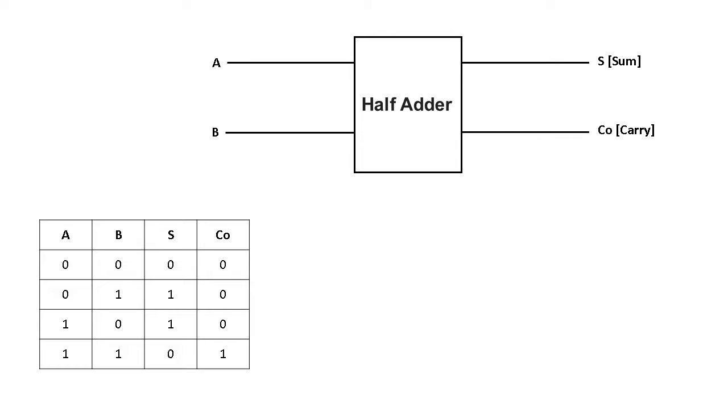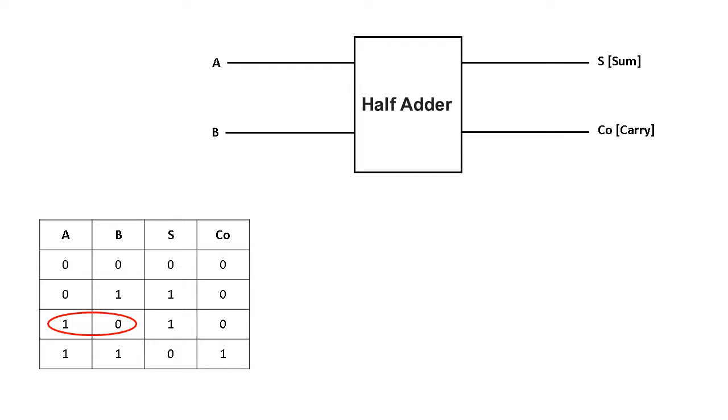So you can see if the input AB is 00, the sum will be 0. If the input is 0 and 1, the sum will be 1. If the input is 1 0, then also the sum will be 1.